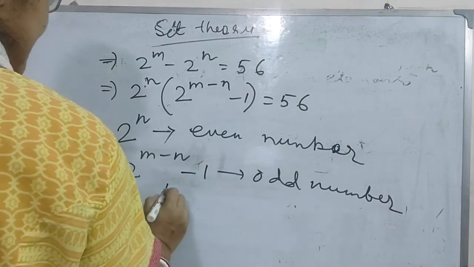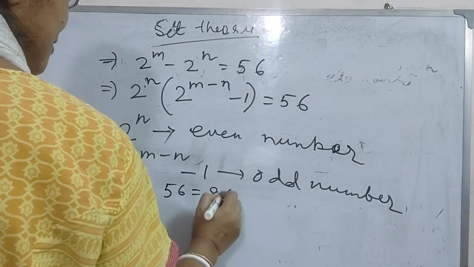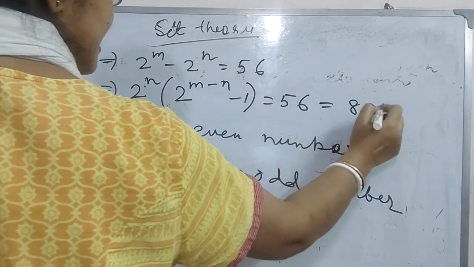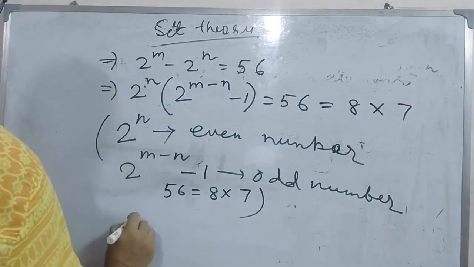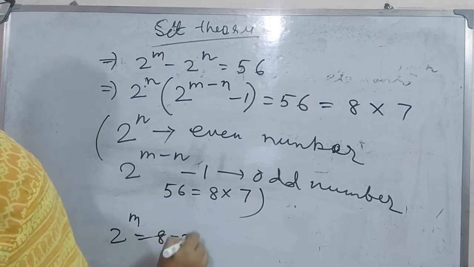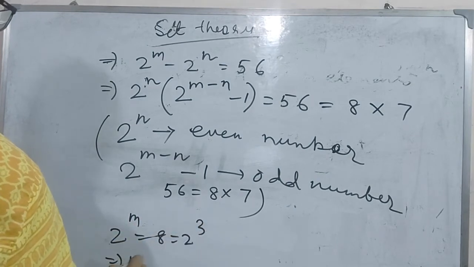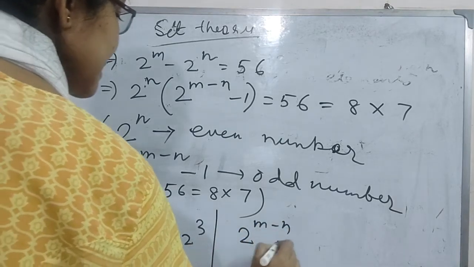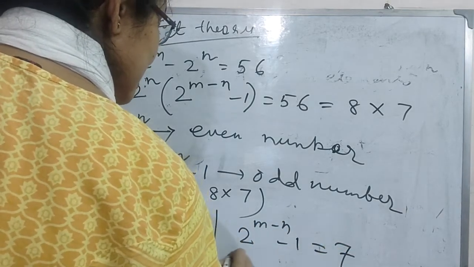Here 56 equal to 8 into 7. So, I will write 2 to the power n equal to 8, equal to 2 to the power 3, that is n equal to 3, and 2 to the power m minus n minus 1 is equal to 7.